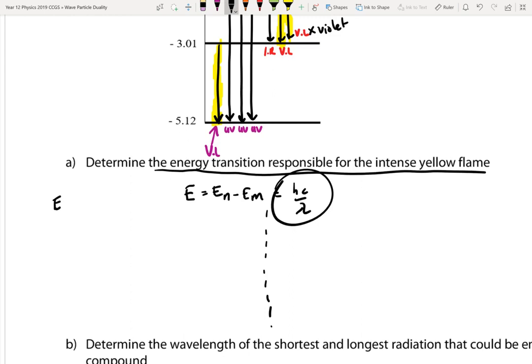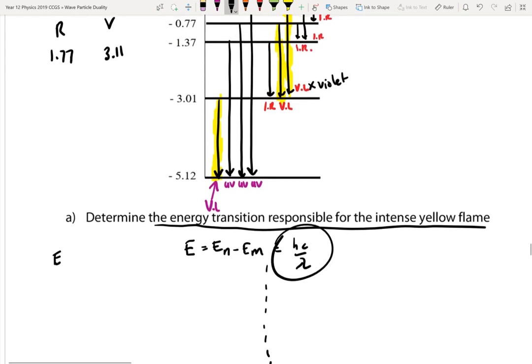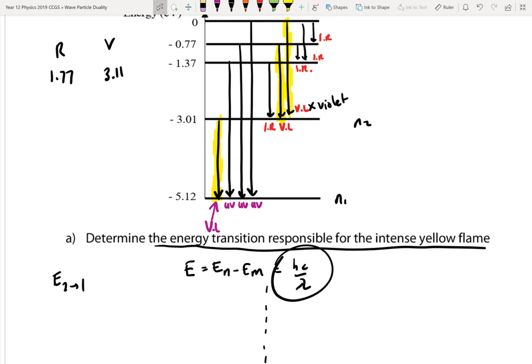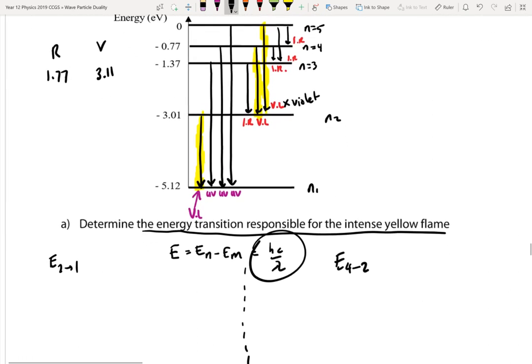Find me the energy from, well, what do we got? We got N1, N2. Energy 2 to 1. And then energy 4 to 2. Okay? So get going, please.